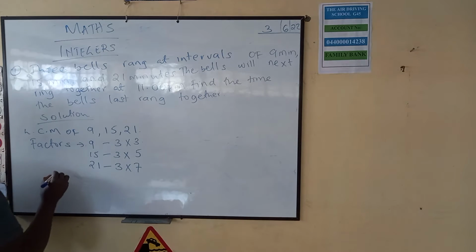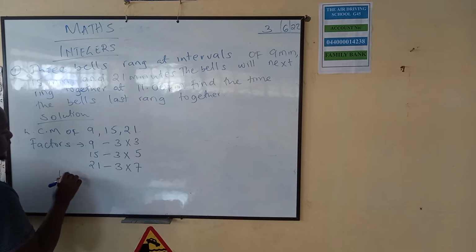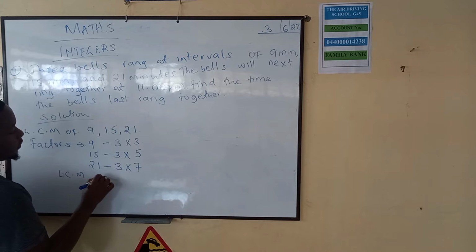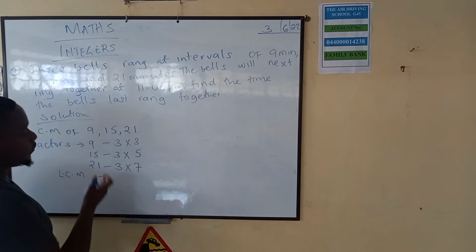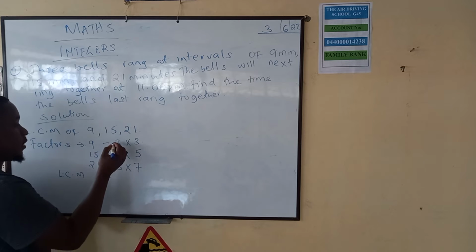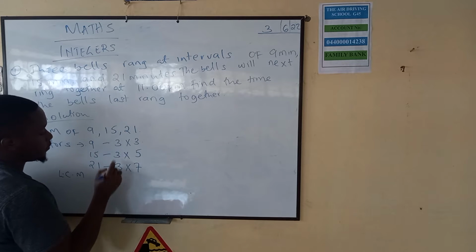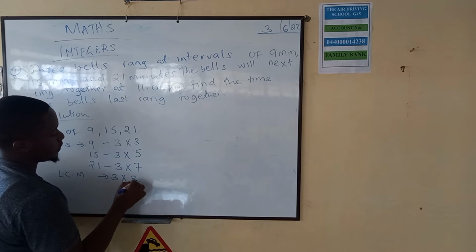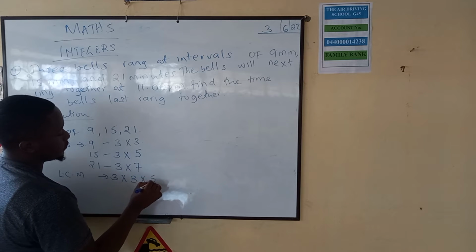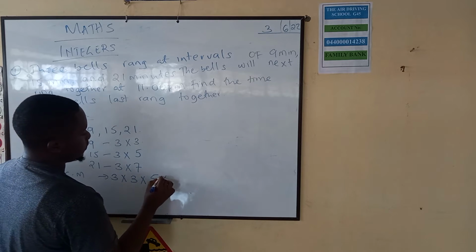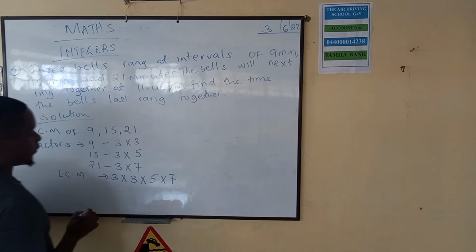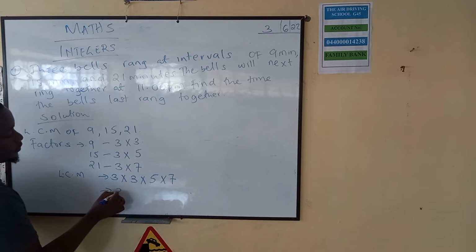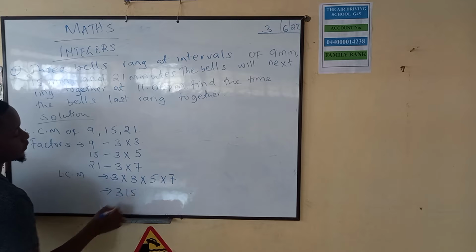From this, we can find the LCM. I believe you're familiar with this method. The LCM will be 3 times 3 times 5 times 7, giving us 315.